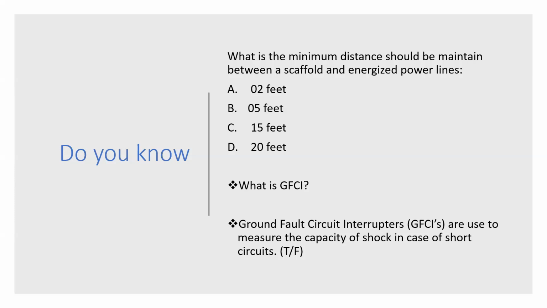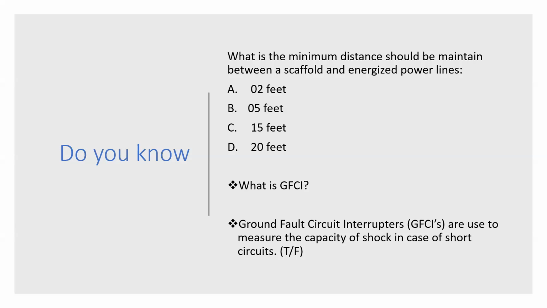Okay, thank you. So GFCI stands for? Ground fault circuit interrupter. Very good. GFCI are used to measure the capacity of electrical shock in case of short circuit. No, it doesn't measure.